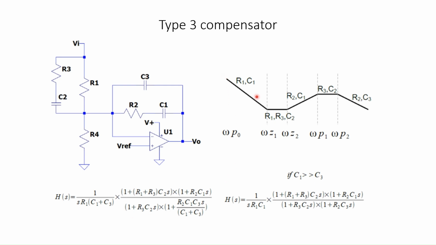So we have a pole at the origin in the type 3 compensator, and there are two zeros here. These can be placed around the resonant frequency, and then two poles much after the resonant frequency should help make the system stable.